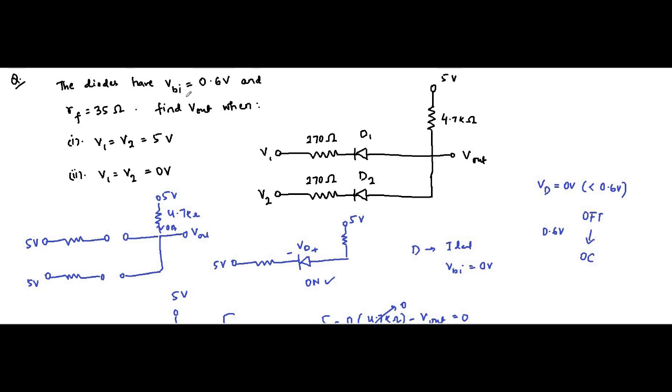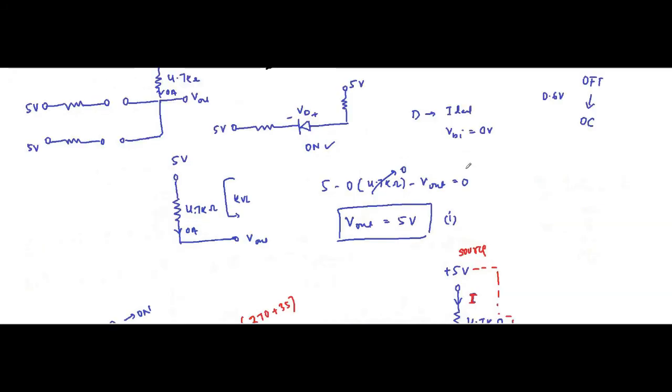For the non-ideal diode with a built-in potential of 0.6 volt, both the ends being connected to the same potential will not be enough to drive it to the forward bias condition. So it will be off, no current will be flowing through the 4.7 kilo ohm resistance, no drop. So the entire supply voltage will appear at the output. Vout is equal to 5 volt.